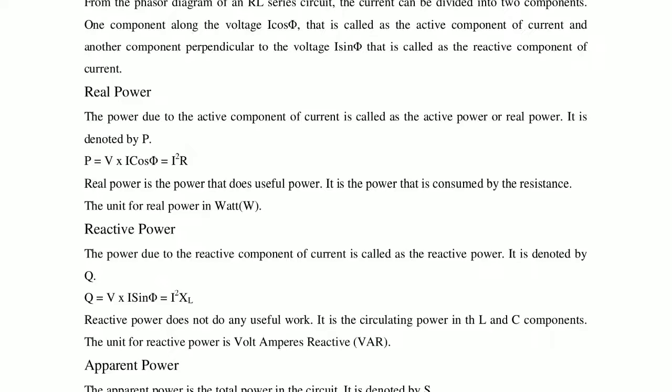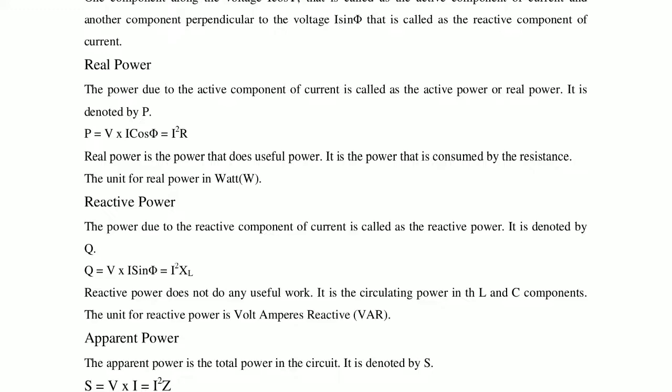Now reactive power, the power due to the reactive component of current, that means I sin phi. Reactive power is denoted by Q. Active power is denoted by P, units are watts.